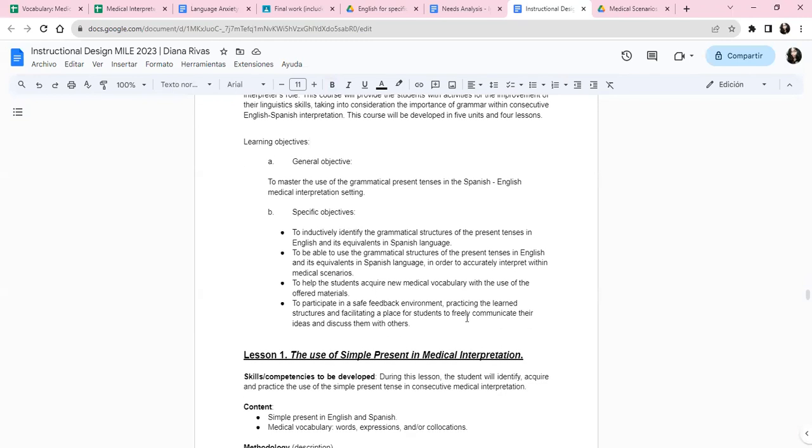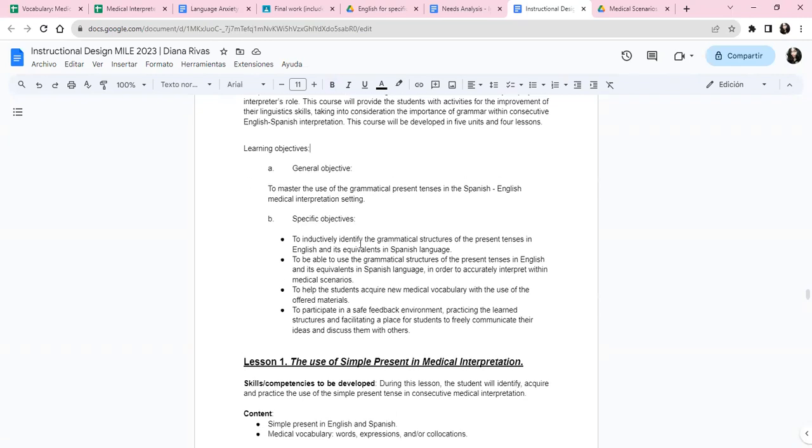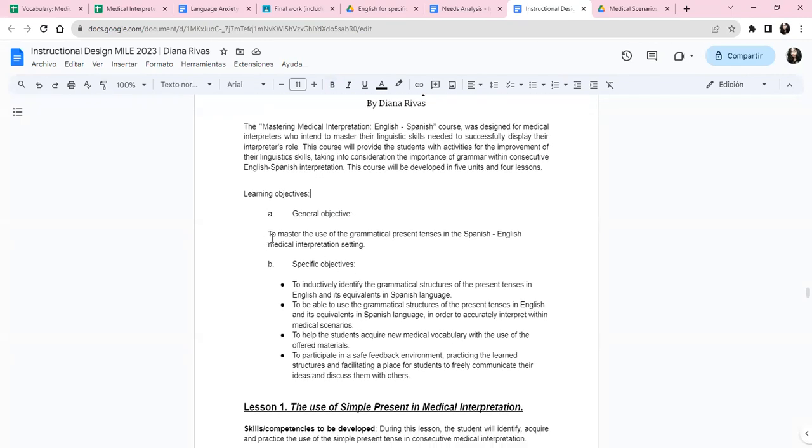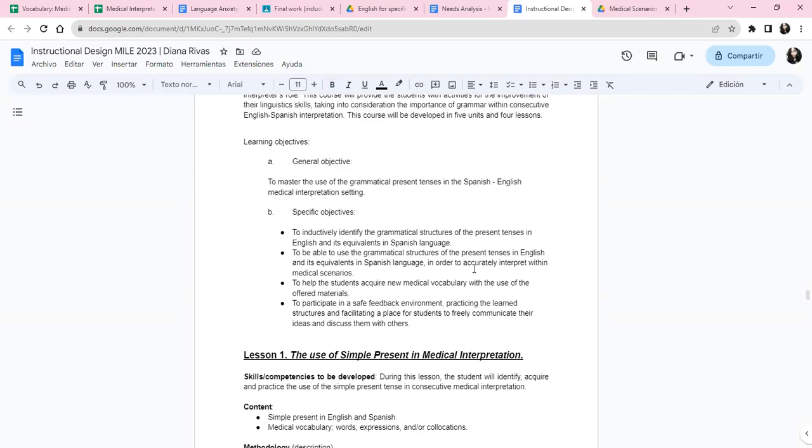So our learning objectives for this first unit would be to master the use of grammatical present tenses in the Spanish-English language medical interpretation setting. And the specific objectives are to inductively identify the grammatical structures of the present tenses in English and its equivalents in Spanish language.